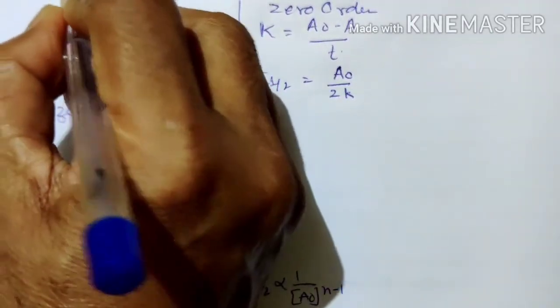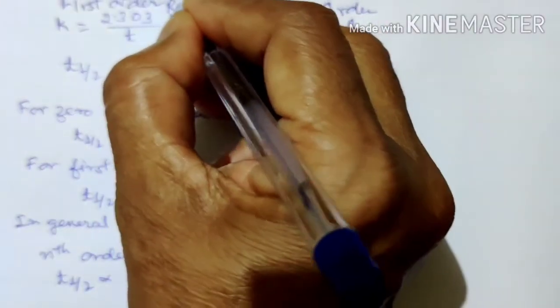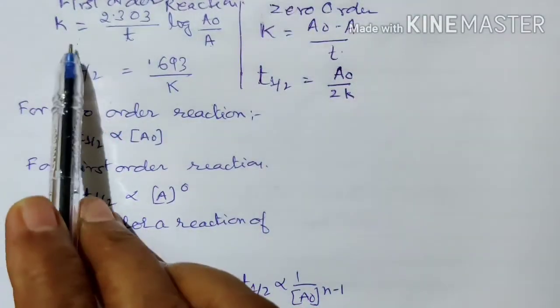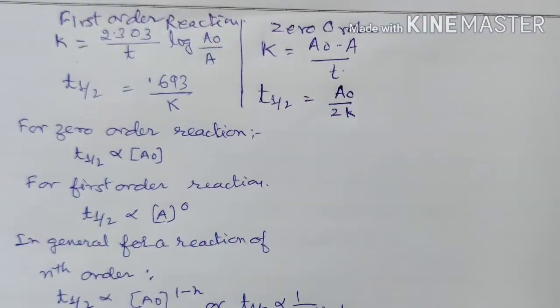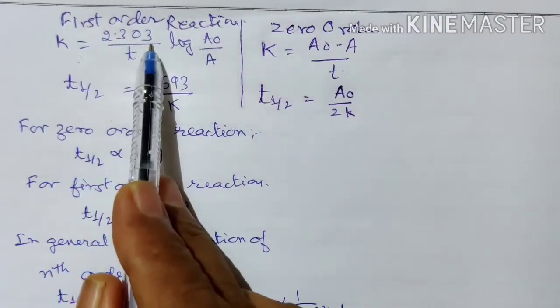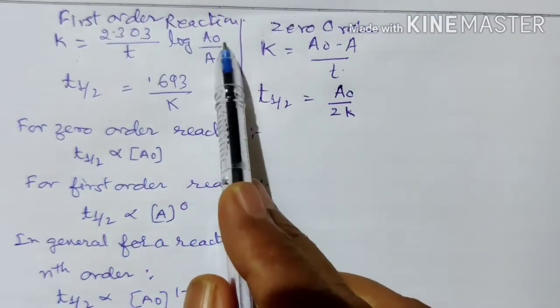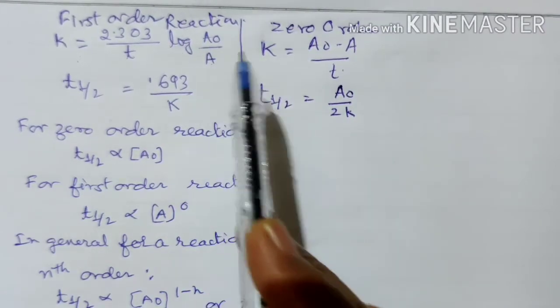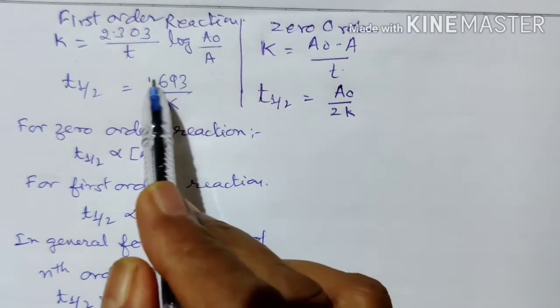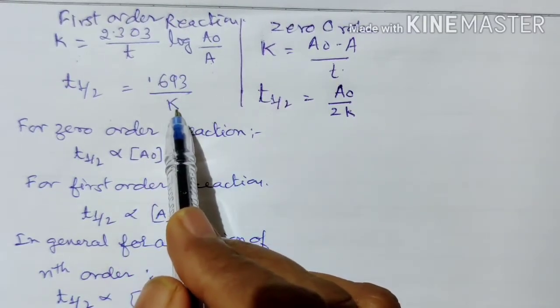This is for the first order reaction: the specific rate constant k is equal to 2.303 upon t log a0 upon a. And then you have calculated t half is equal to 0.693 upon k.